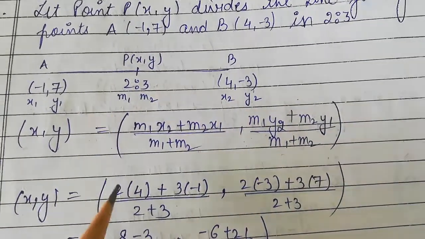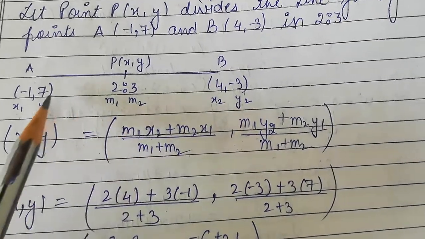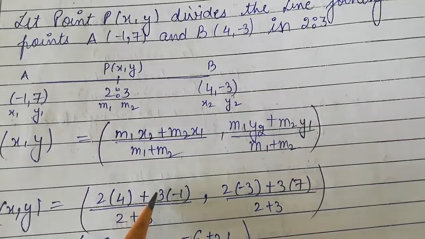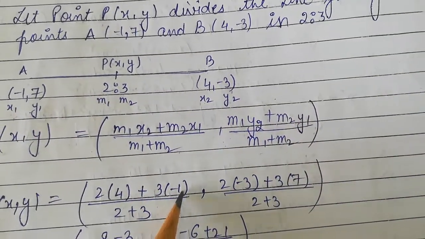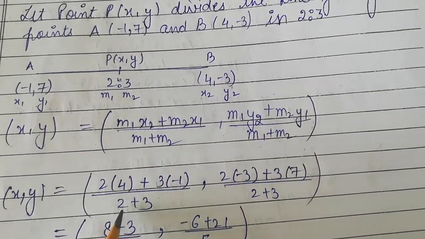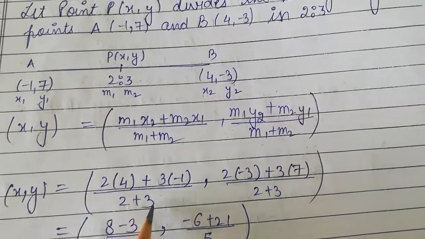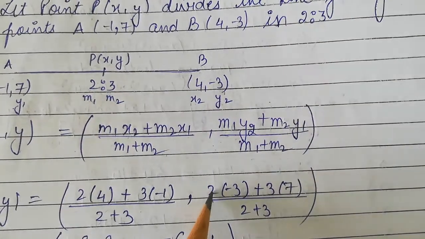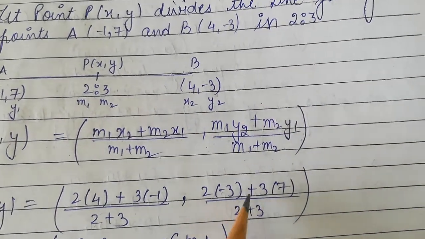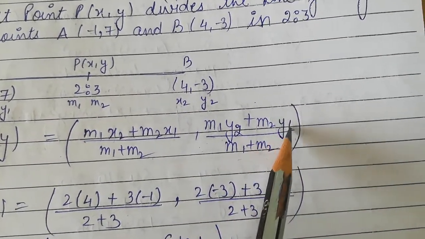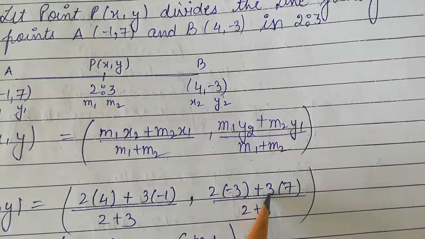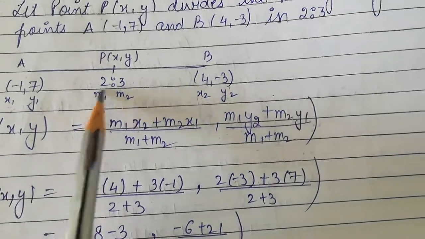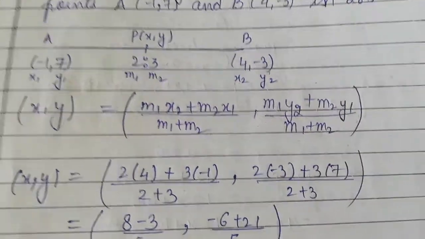M1 is 2 multiplied by x2 which is 4, plus M2 is 3 and x1 is -1, divided by M1 plus M2, 2 plus 3. Now for y, M1 is 2, y2 is -3, plus M2 is 3 and y1 is 7, divided by M1 plus M2, which is 2 plus 3.